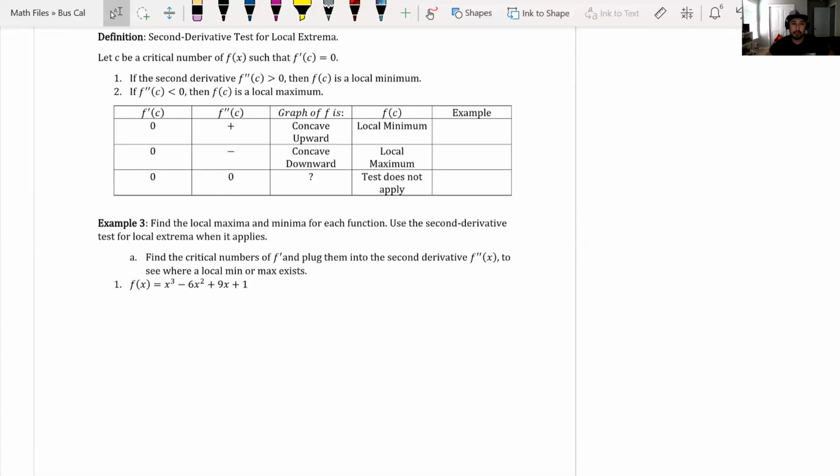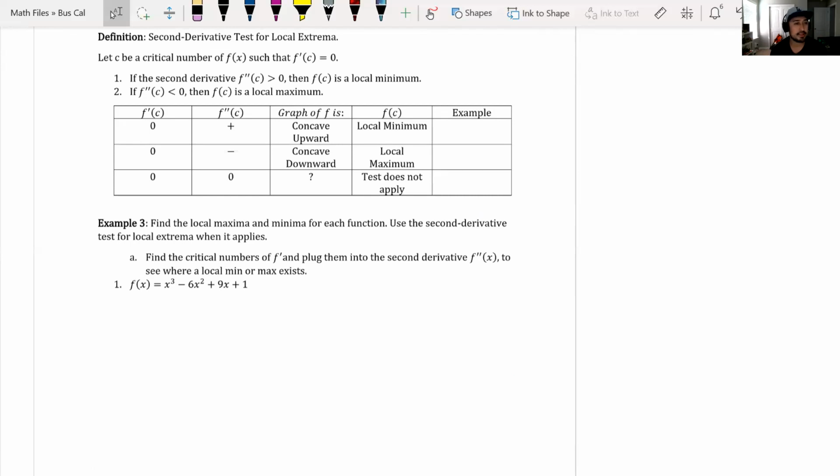Well, what the second derivative test does is help us locate maximums and minimums without creating a sign chart at all, which means you wouldn't have to create a sign chart for, what is it? The first derivative.